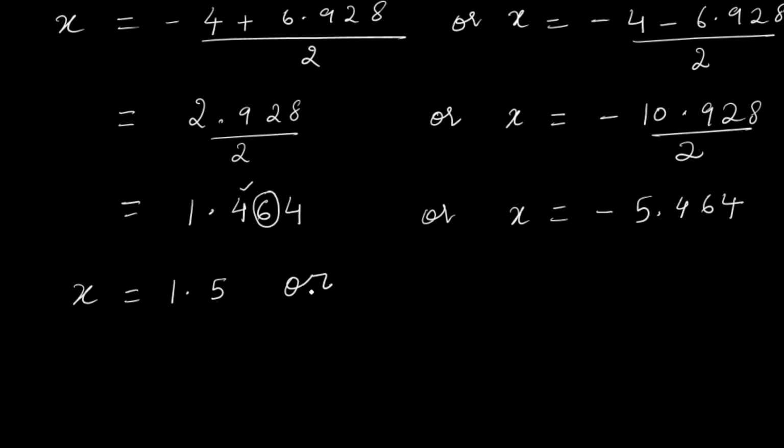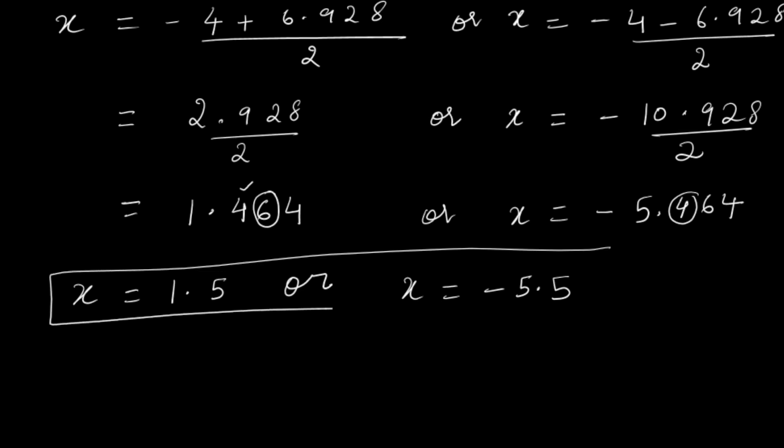Same here: minus 5.4 followed by 6, which is greater than 5, so we round it off to minus 5.5. Because the question says up to one decimal place, x is equal to 1.5 or minus 5.5 is the correct answer.